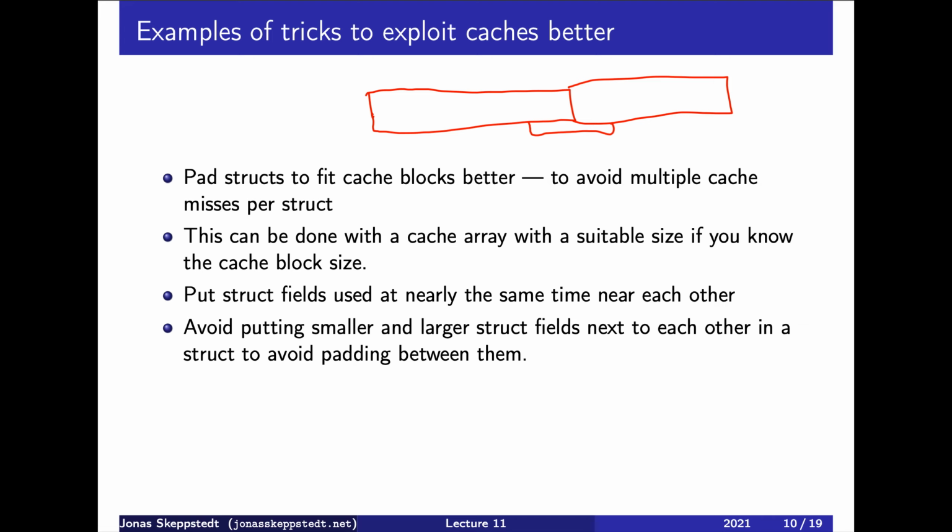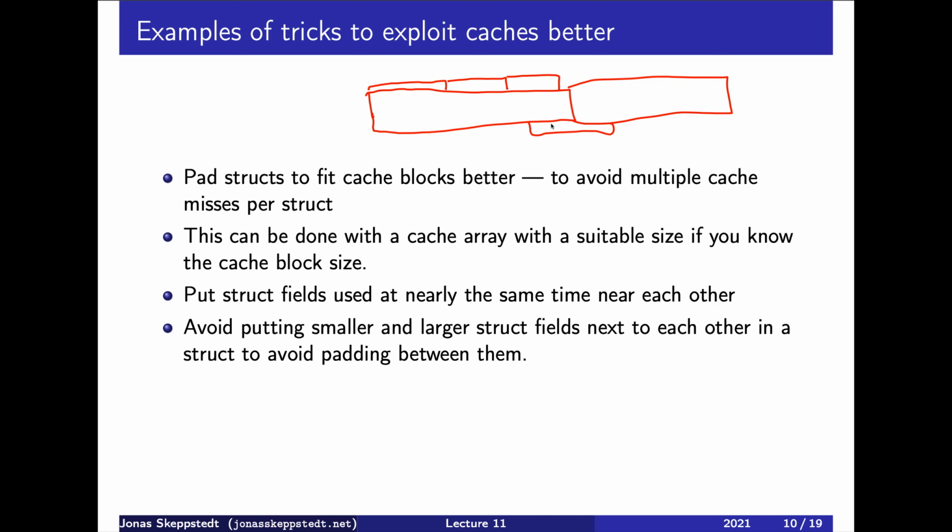So what can we do then? We can first of all allocate the first element in an array of such structs so that it is located at the beginning of a cache block. Let's see what can happen. Say the first element is there, and then the next, and the next will end there, the third.